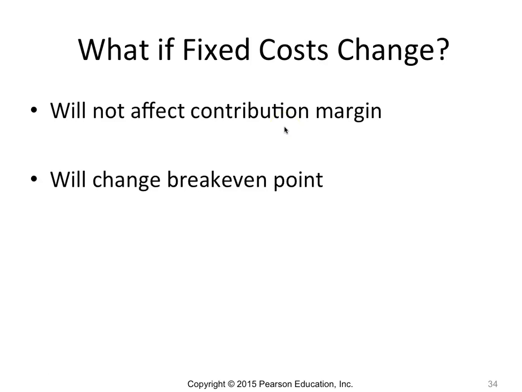Again, break-even point is for the sales. What is the sales when the operating income is 0? Sales equal the fixed cost plus the variable cost. So if fixed cost changes, the total sales must change too. So break-even point is going to move up.